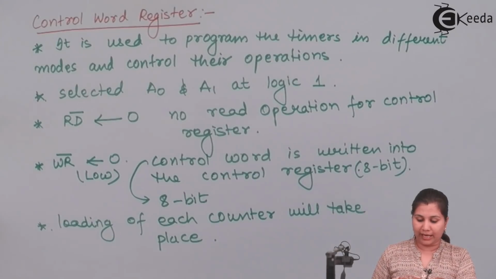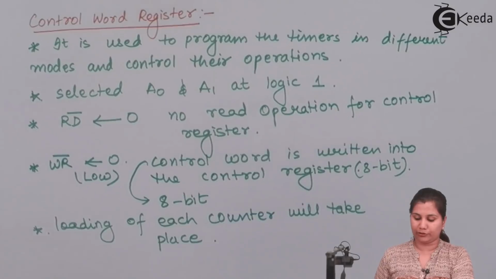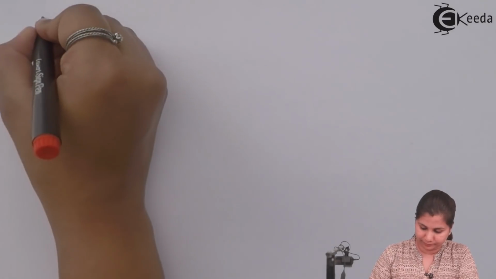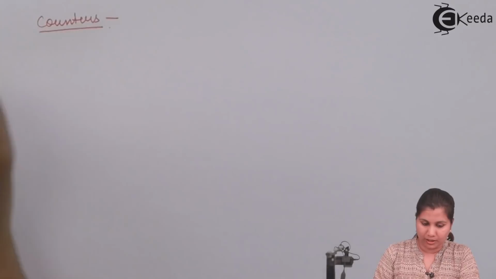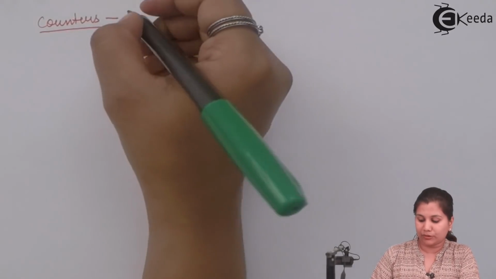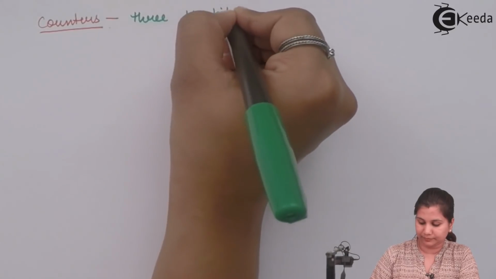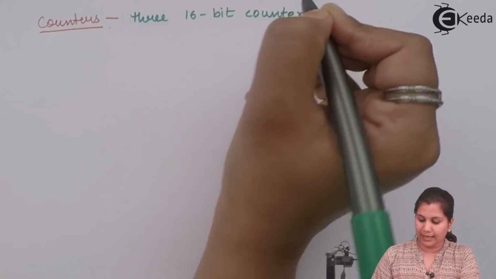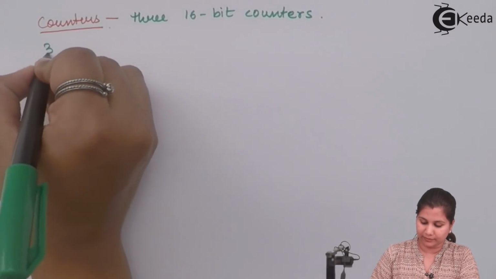So next we have the counters, the 3 counters which are present in the 8253 IC. Now the 8253 has 3 16-bit counters. And each counter has 3 signals with it.